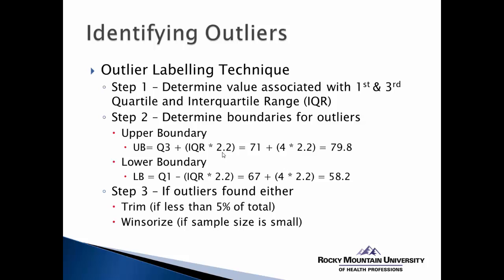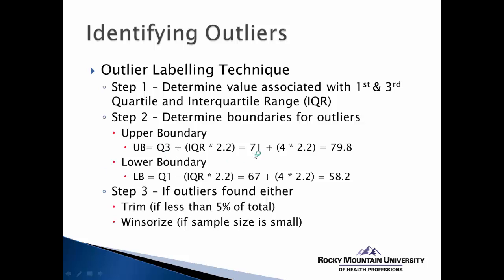Now, other authors and other textbooks will indicate if a score is more than 2.5 or more than 2 standard deviations from the mean, then that could be considered an outlier, or maybe even 1.96. We're going to use the value of 2.2 to make that determination. The reason we do that is because that will help us find these outlier scores without trimming or potentially eliminating large amounts of our score distribution.